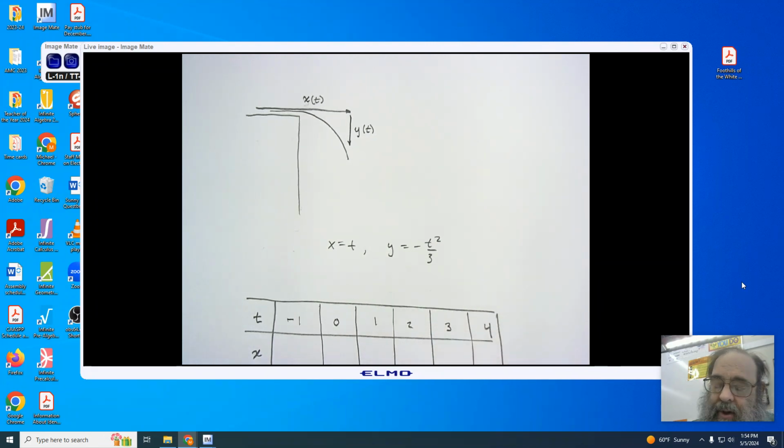Now be aware, I started with time at negative 1. Technically, time doesn't exist going backward, but I'm going to use this so that I can get an example of a table of values similar to what you started with when you were working in the equations that were functions.